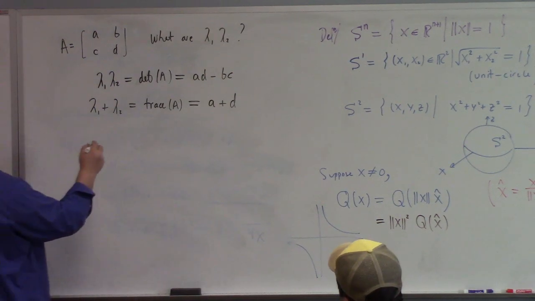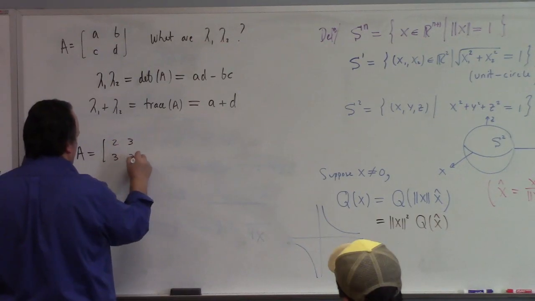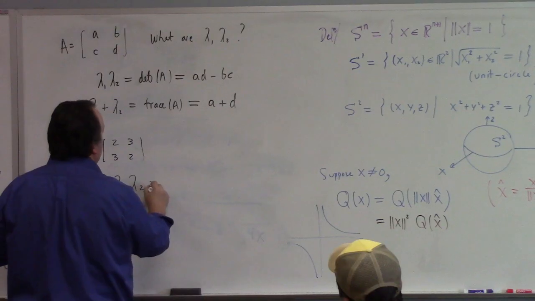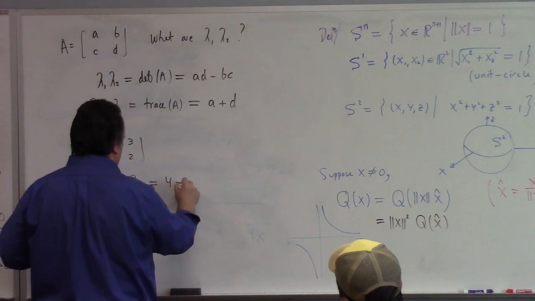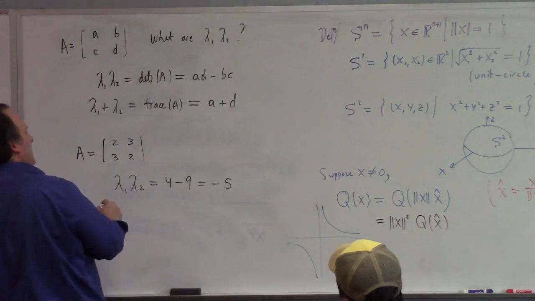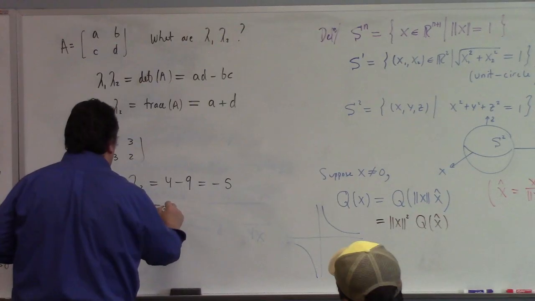So like, if I had A equal to 2, 3, 3, 2, for instance, I would need lambda 1 times lambda 2 to equal 4 minus 9, which is minus 5, right? And I would need lambda 1 plus lambda 2 to equal 4.